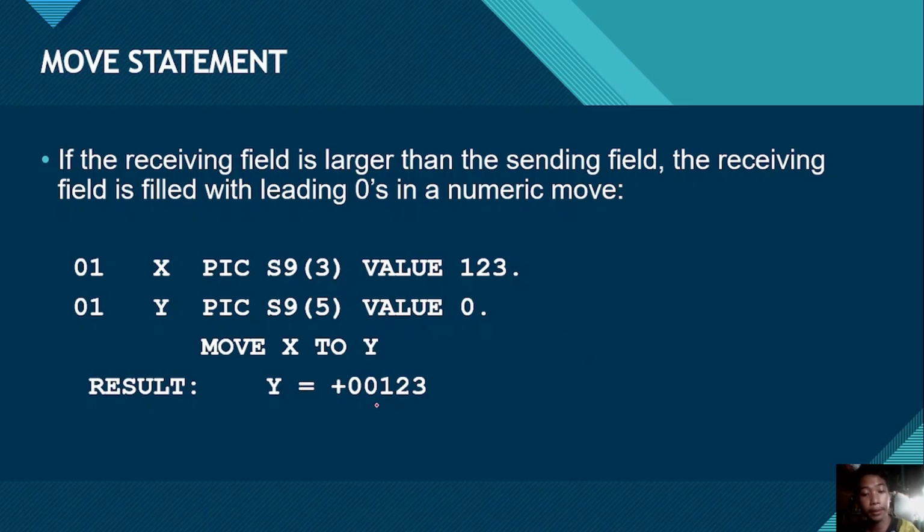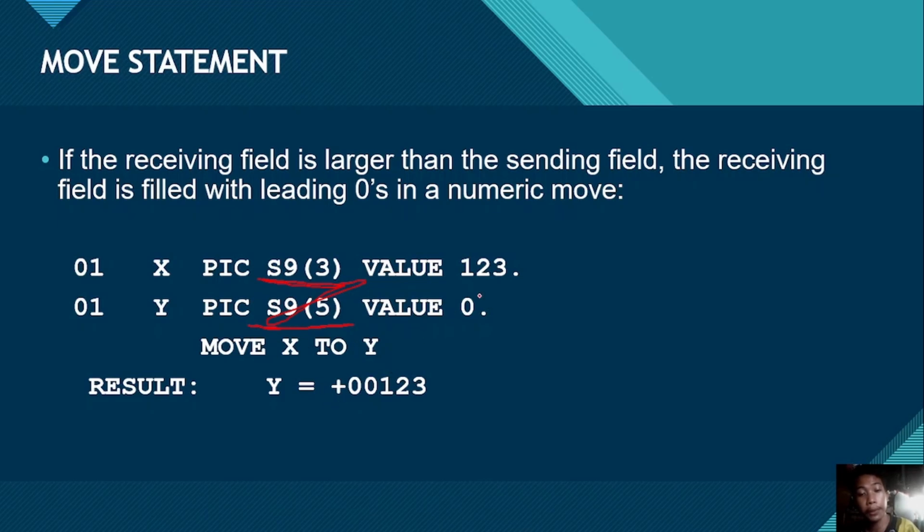Just like the earlier example, if the value of it is larger than the sending field, as you can see, our sending field is lesser than the receiving field, meaning we will just put 0 to the left of the value of the receiving field.